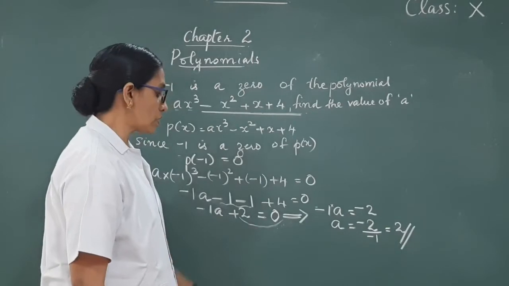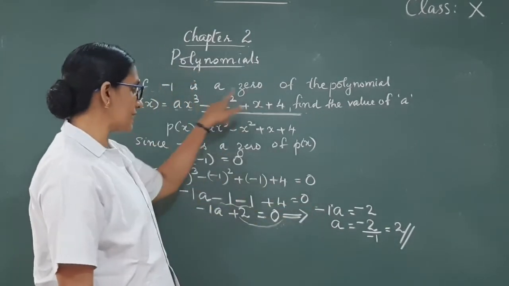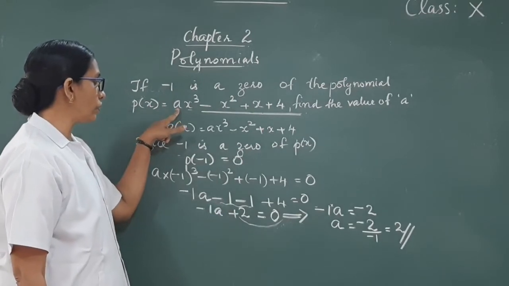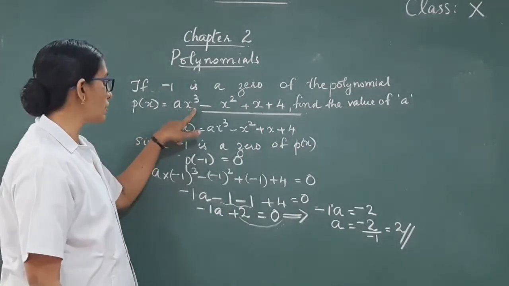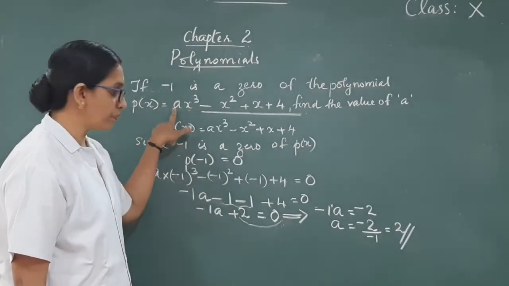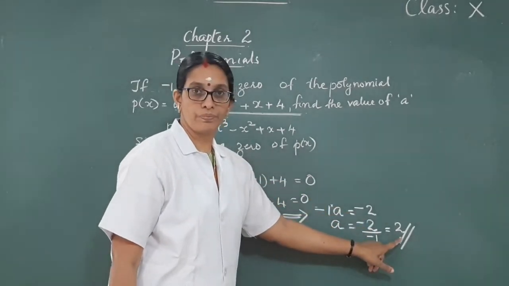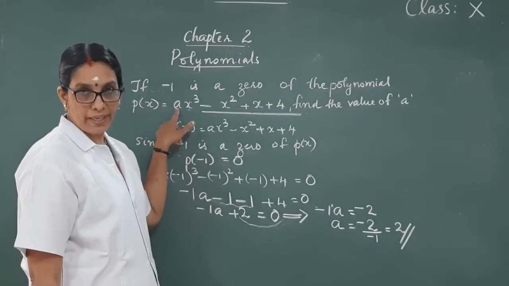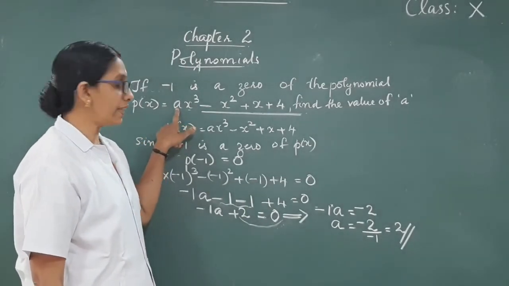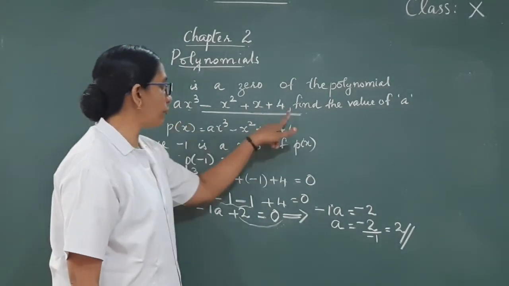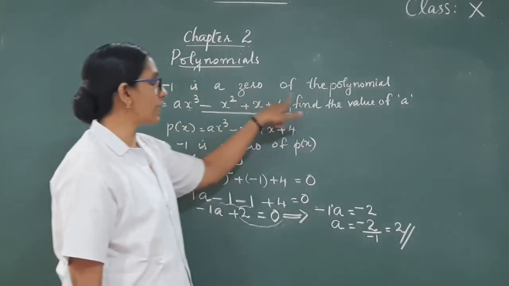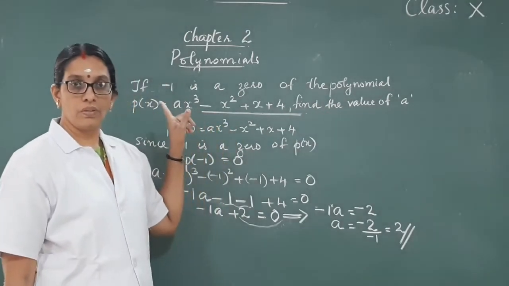Okay children. So if minus 1 is a zero of the polynomial, surely the value of this a, or the coefficient of x cube, will be this 2. Or if we put 2 in the place of a, then for that polynomial, surely minus 1 will be a zero.